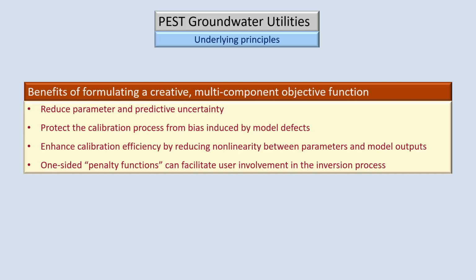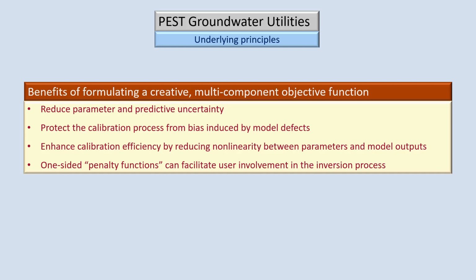They can also be used in processing model outputs, for example, by undertaking differences, so that processed model outputs can be matched to processed observations. As explained elsewhere, this can often protect the inversion process from calibration-induced bias.